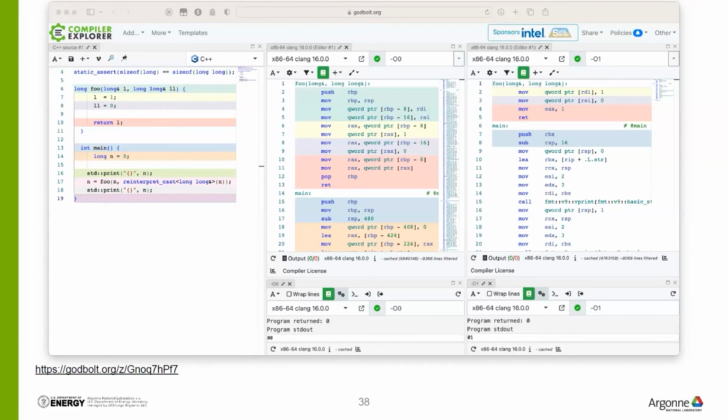They can't alias each other. So if you look, right, 0, 1 and 0, 0. And the example doesn't get simpler than that, right? Because you think, oh, long and long long, they're the same thing, right? Not as far as the compiler is concerned. And the problem with undefined behavior is if your code works today, it may break tomorrow.